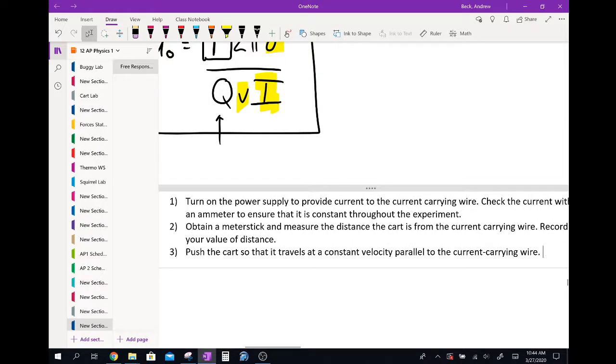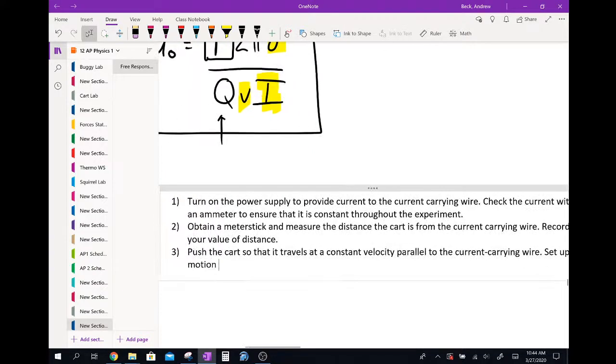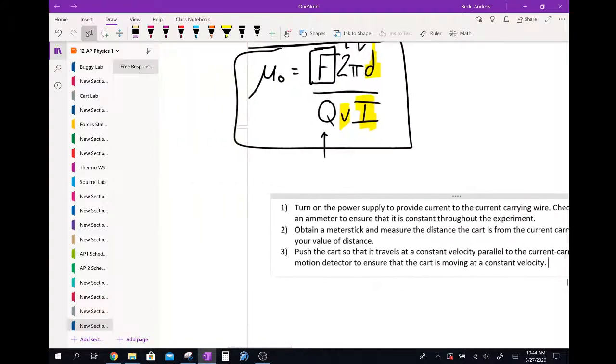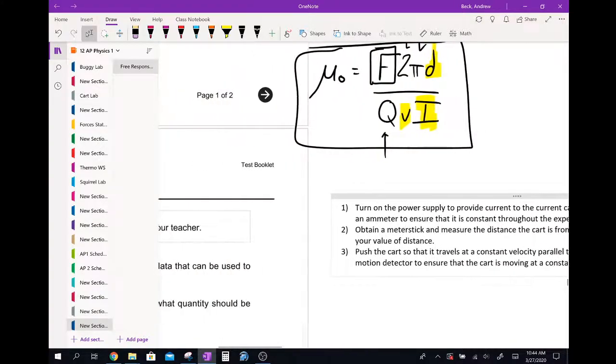Then we're not actually running this experiment, so we can be a little bit extra with it. We could say maybe set up a motion detector to ensure that the cart is moving at a constant velocity. So we're not running it. This is a plausible thing that we could do. In real life, that would be kind of a pain.